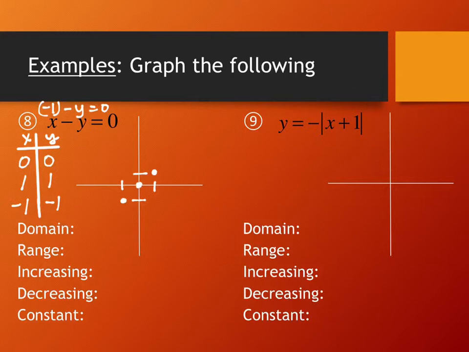It is a line, right? So it looks something like this. What's the domain of this graph?